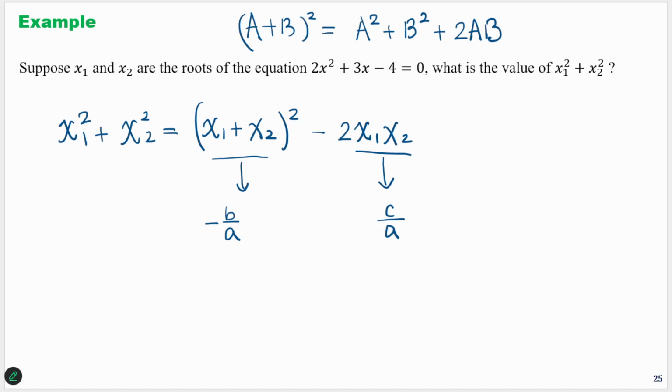Can you give it a try? What is x1 squared plus x2 squared? Let me just try to solve it. x1 squared plus x2 squared. So x1 plus x2 equals negative 3 over 2, squared.